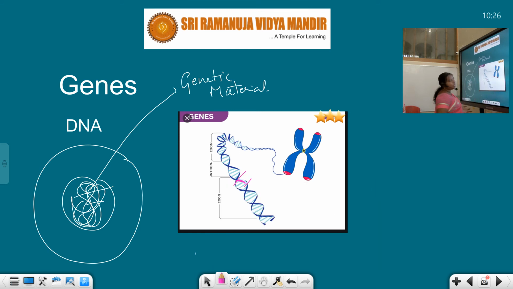This gene, or this fragment of DNA, is able to give a particular characteristic feature of the living creature. For example, insulin is one of the hormones, right? The information concerned with insulin synthesis is stored in a particular fragment. I'll explain that very clearly in future classes; I'm just giving an introduction to this concept.